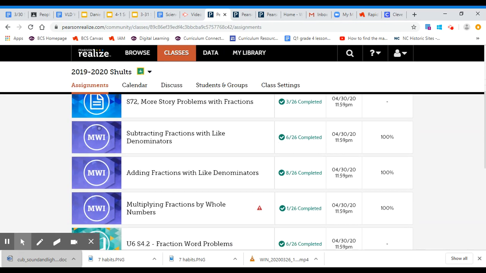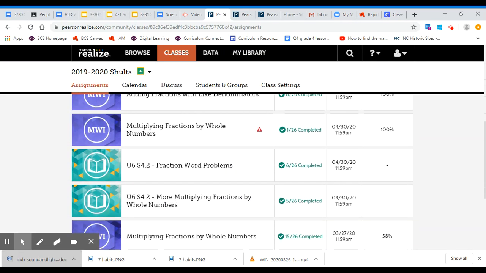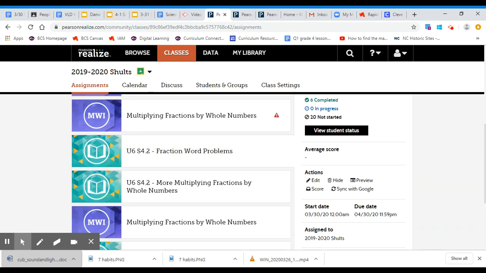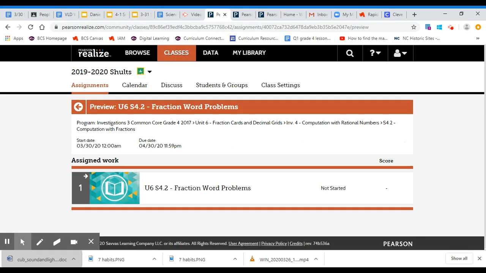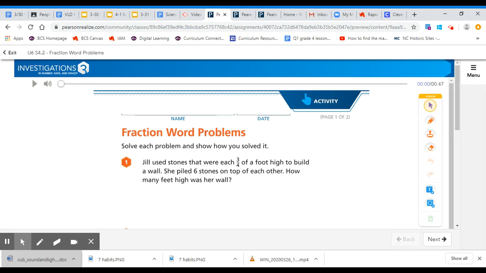All right, so the one that we're going to look at was this one. Hopefully this is the right one.